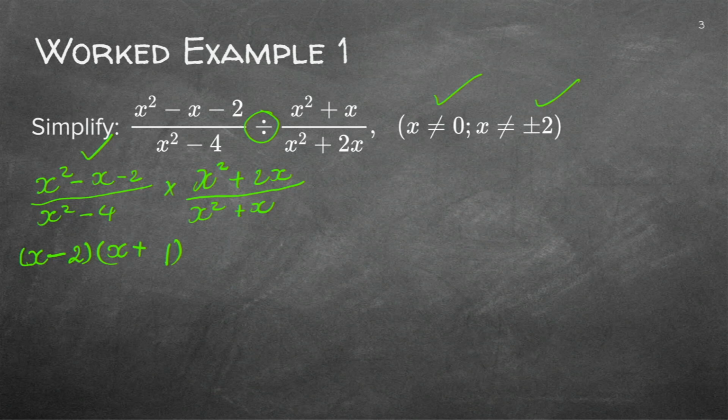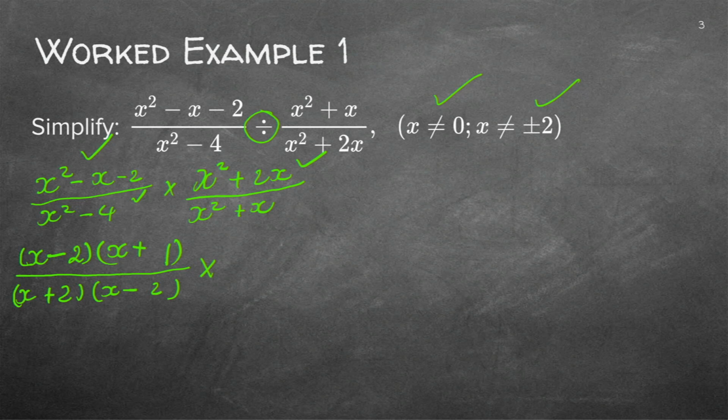Now we divide this by trying to find the factors of x squared minus 4, and we have the difference of two squares, so we open two brackets. The factors of 4 are 2 and 2, with opposite signs, because it's a difference of two squares. And this is times, we look at the value on top, we have x squared plus 2x.